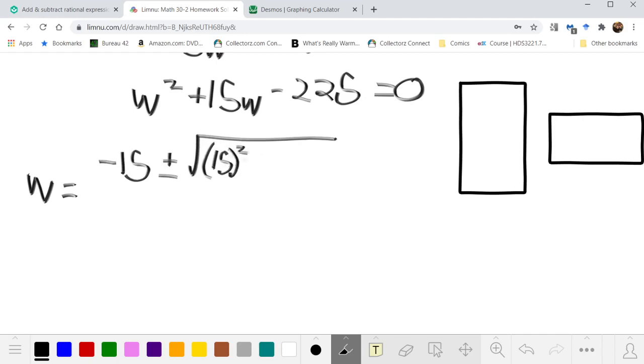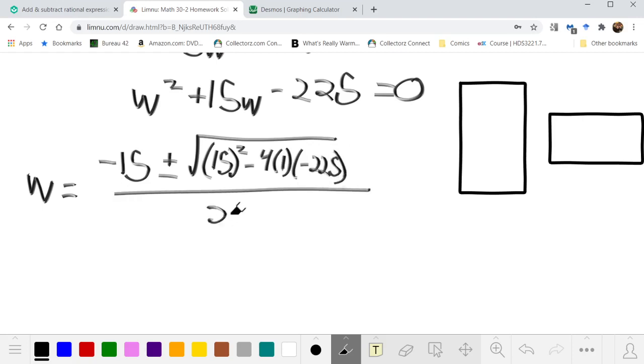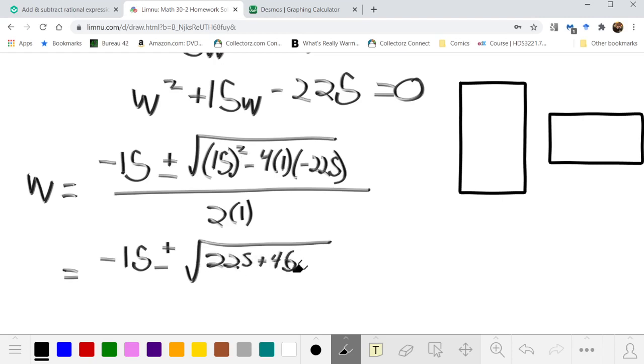So that's 15 squared minus 4 times a times c, where c is negative 225, all over 2a. So that is negative 15 plus or minus, and this whole thing is 225 plus 4 times 225, all over 2.